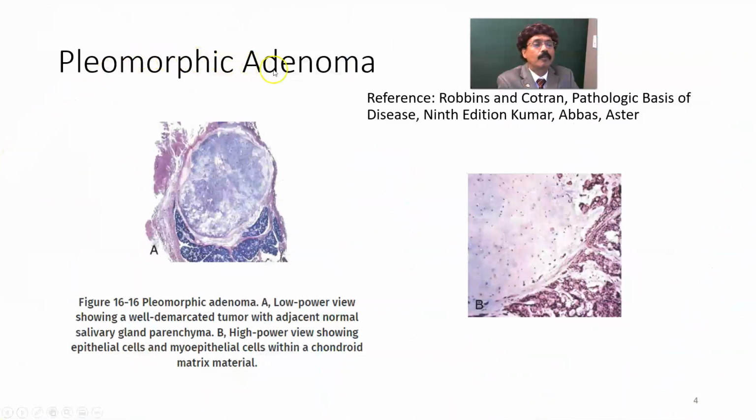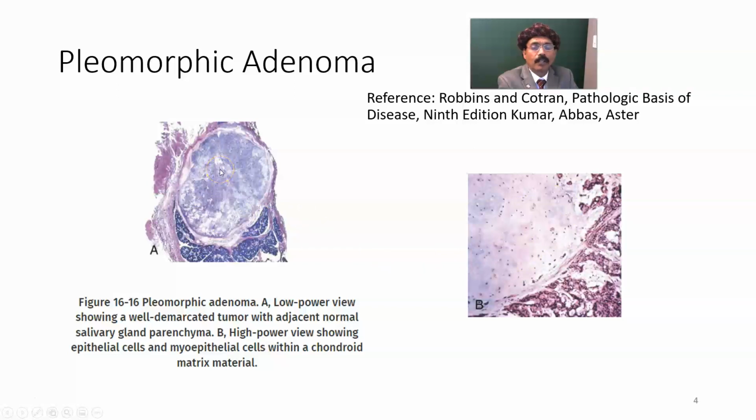Before it becomes malignant, in a cut section, a low power view shows a well demarcated tumor with adjacent normal salivary gland parenchyma. A high power view shows epithelial cells and myoepithelial cells within a chondroid matrix material.